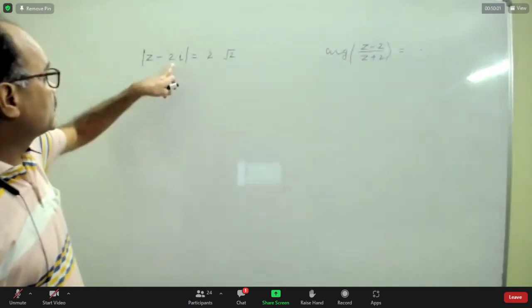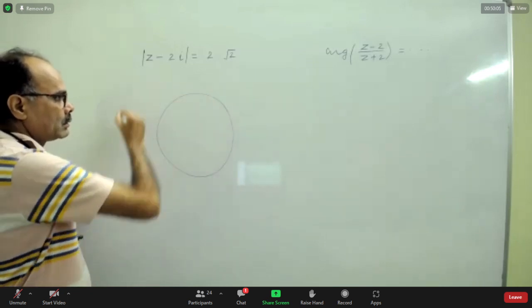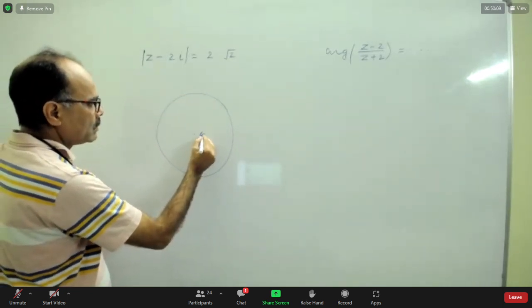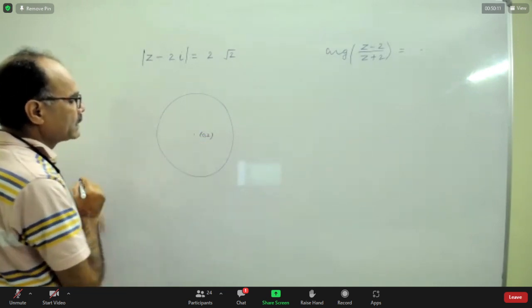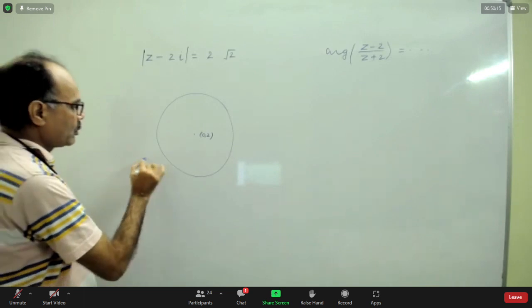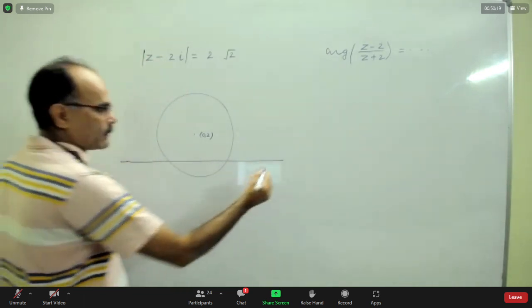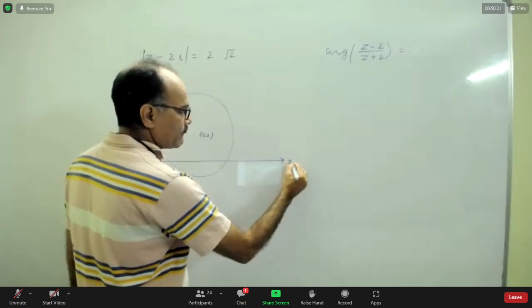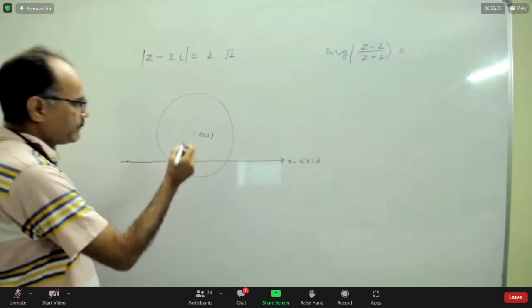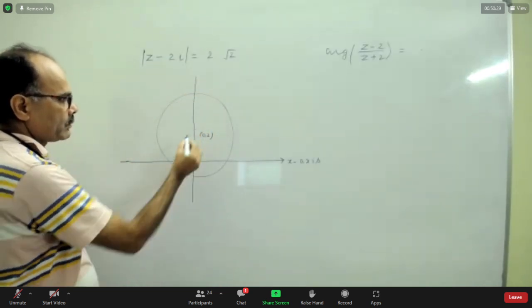This circle has center at 0, 2 with radius 2 root 2. This is the x-axis, this is the y-axis.